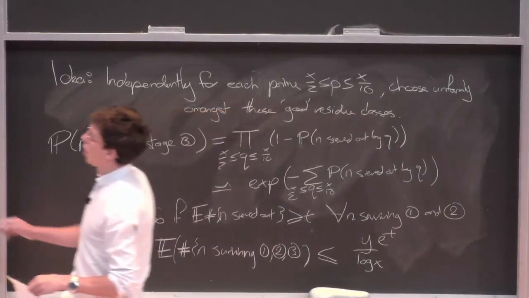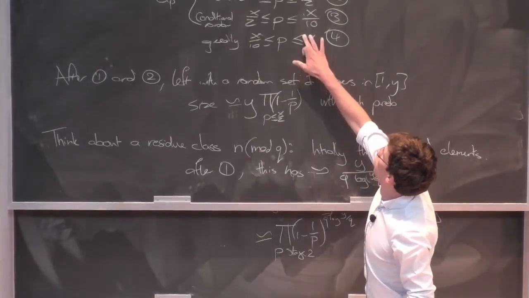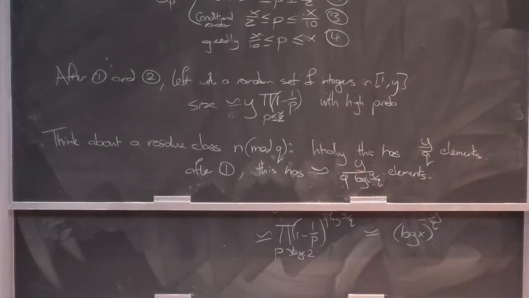But then if this is less than the number of very large primes in stage 4, then we can remove everything just by removing one thing for each of those very large primes. So that means if y e to the minus t over log x is less than, say, x over 2 log x, then we can cover all of the integers 1 up to y.